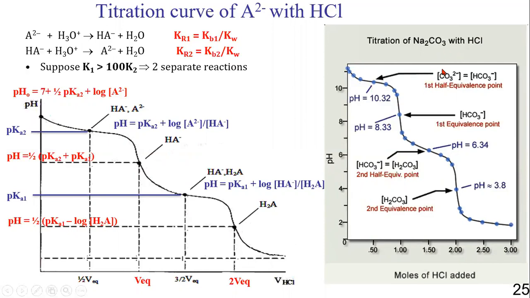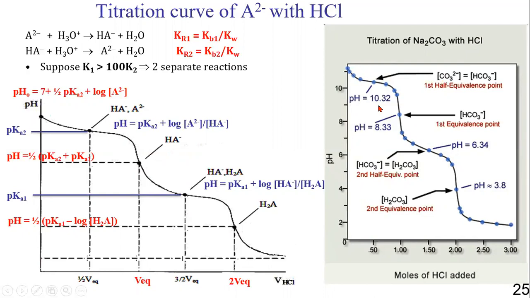This is an example of a diacid, which is sodium carbonate with HCl. So tell me what we can distinguish right away. Yes, here is my first equivalence at a straight line. I have two sharp decreases, and it's decreasing, and so therefore this is a di-base titration. What direct pH values can I right away put?